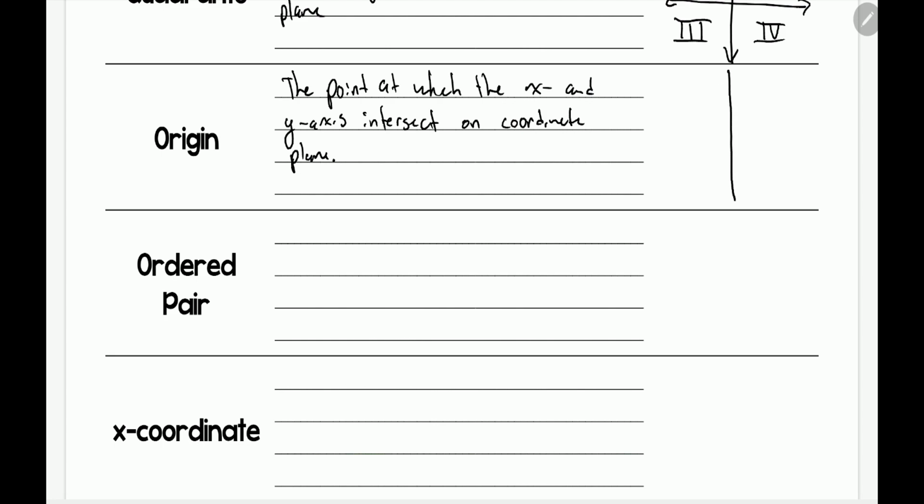So, if we have our coordinate plane, just imagine that that's a 90-degree angle. Right here is the origin, and it is 0, 0. Okay.